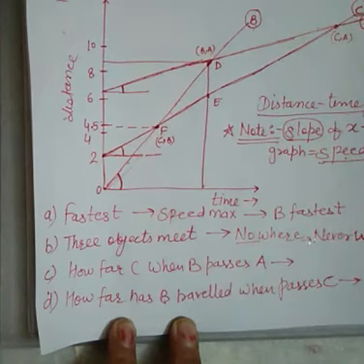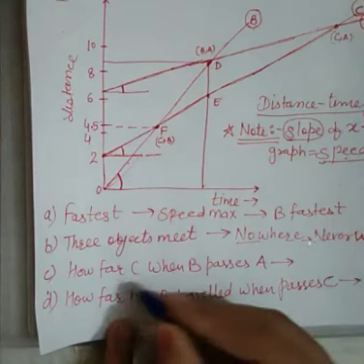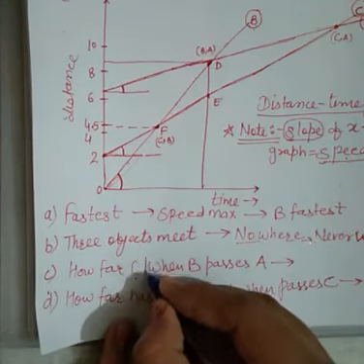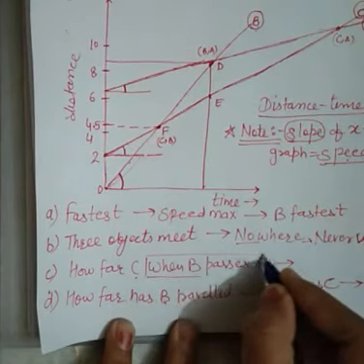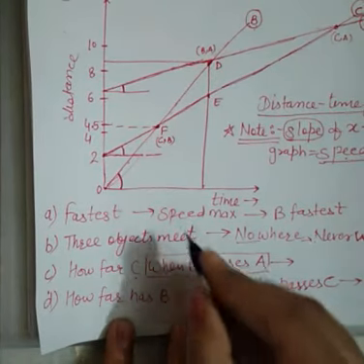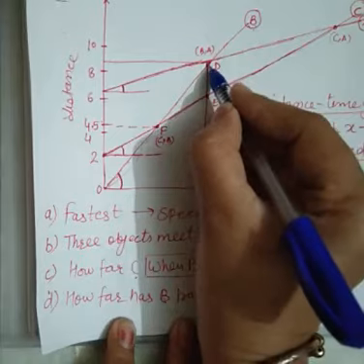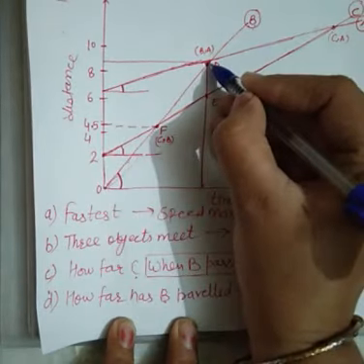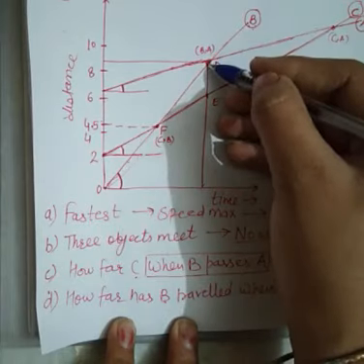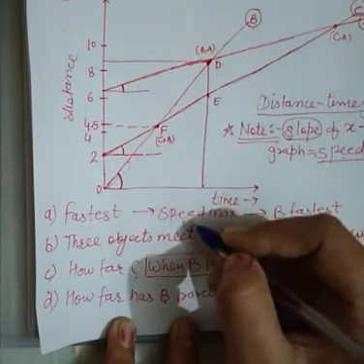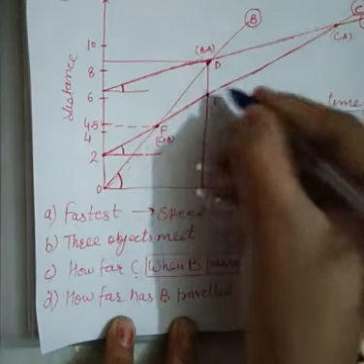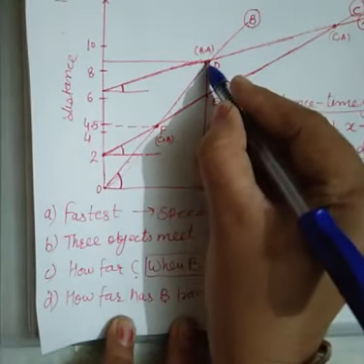Next question is how far is C? Far means distance. We have to check when B passes A. When B passes A, B and A are here. When B passes A at this time, where is C? We have to check. The time at which B passes A is D. So at D, where is C? We have to check.